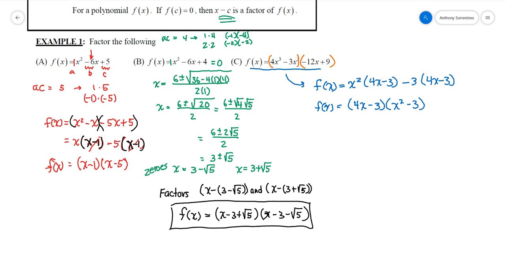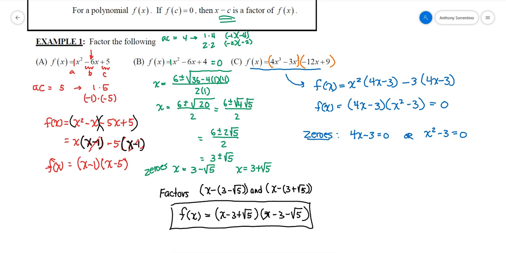But if we wanted to factor this even further, I could say, okay, well, with this information, set this equal to 0, I can find the zeros. And the zeros of this polynomial would be occurring when 4x minus 3 equals 0, or x squared minus 3 equals 0.